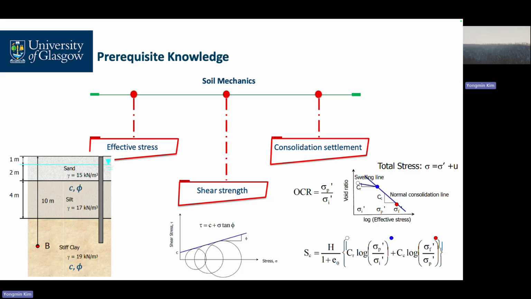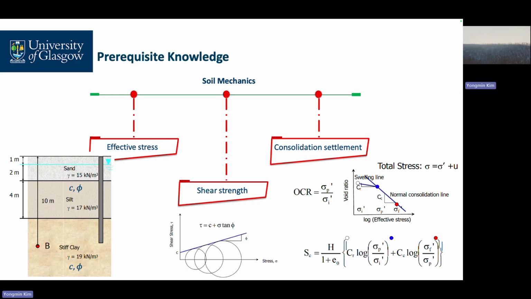Of course, our shear strength. Tau equals c prime plus sigma tangent phi. c and phi are our shear strength according to Mohr-Coulomb circles. And then why do we need the consolidation settlements? Soil settlement means pile settlement.